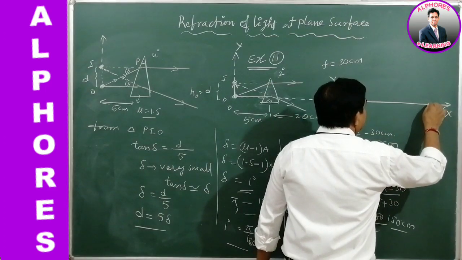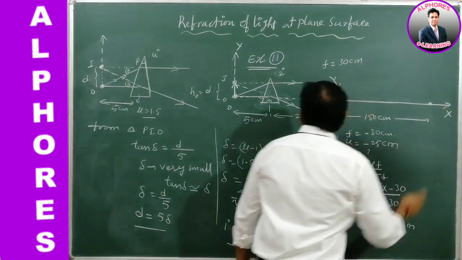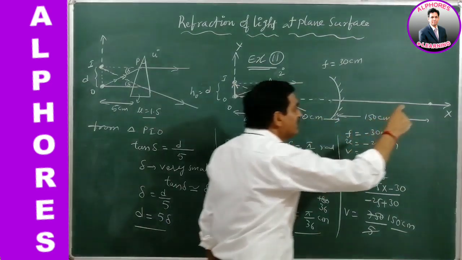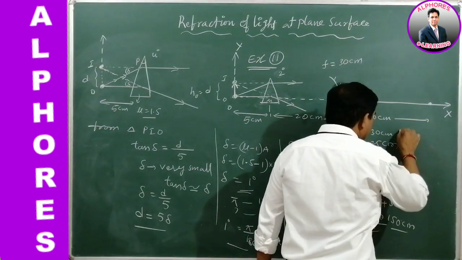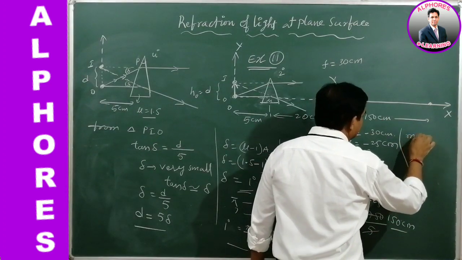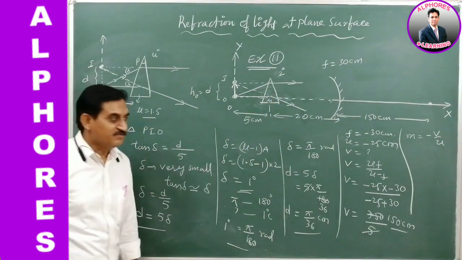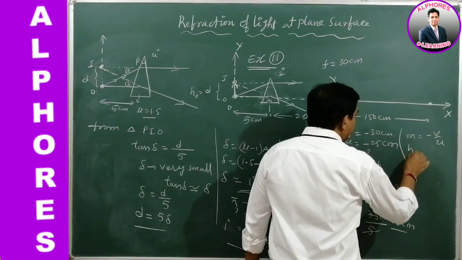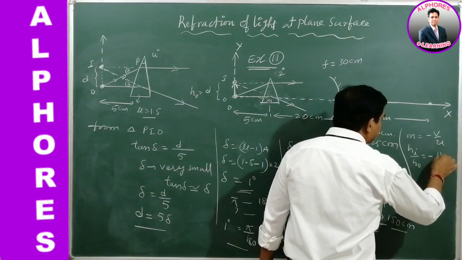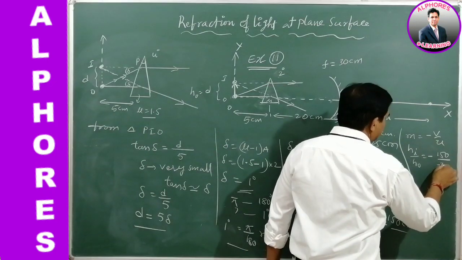See here, 150 centimeters, but here the object has its own size, that is h naught, and the corresponding image will also have a size. That size can be found by using one more formula. That formula is magnification is equal to minus v by u. Here hi by h naught equal to minus v, which is given as plus 150, by u, which is minus 25.